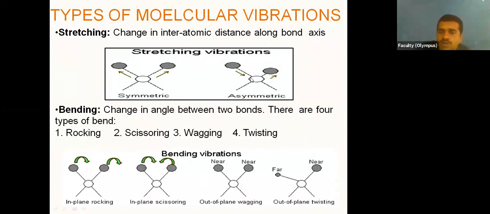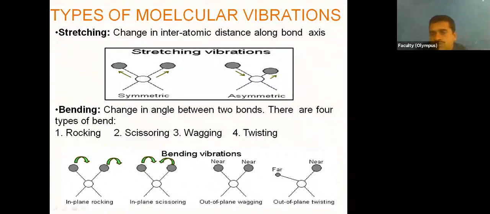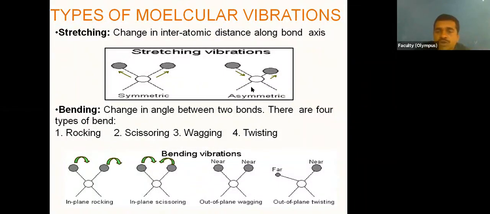I have shown this in the figure. One bond compresses, one bond elongates, and then the one that elongated will compress, and the compressed one will elongate. The molecular symmetry is disturbed, whereas here the molecular symmetry is maintained. So it is called asymmetric stretching. These are the two types of stretching vibrations.